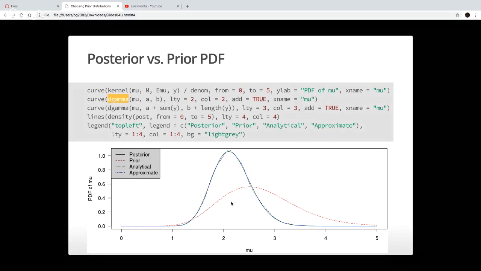What distribution did we assume for the data conditional on the unknown parameter? On the previous slide. Poisson. Right. So that is convenient because it's a distribution over integer random variables.